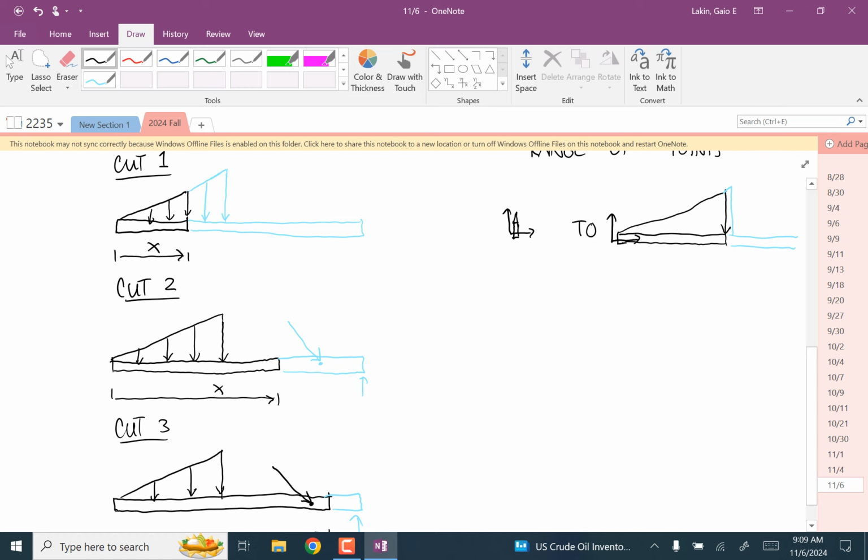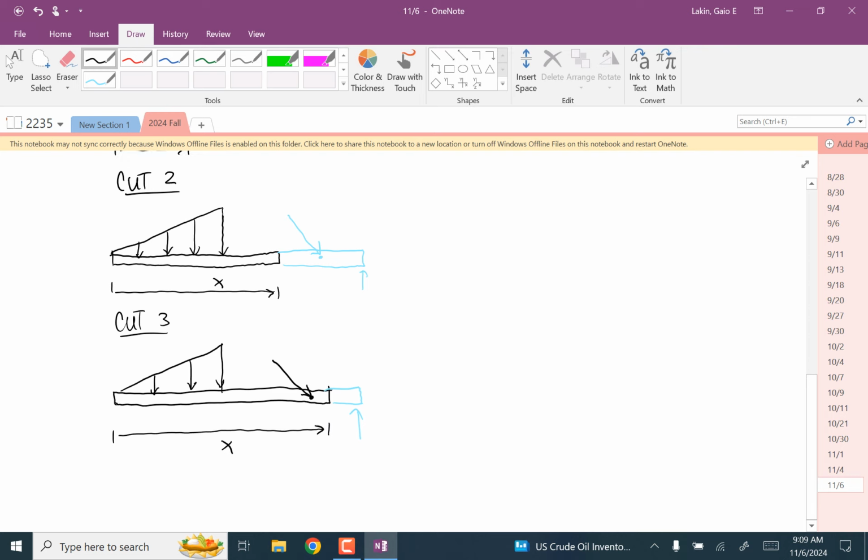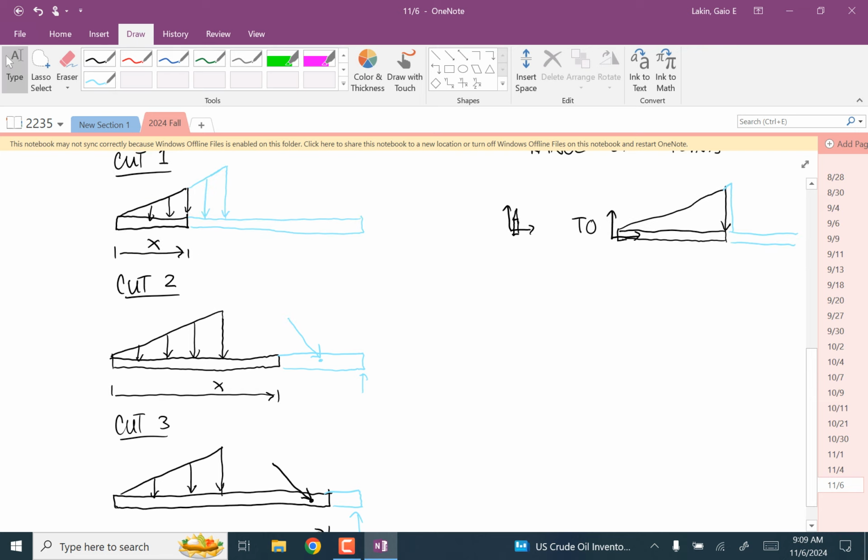In one, we don't have any space between the end of the distributed load and the end of the free body. In cut two, we do. In cut three, we have this point force that we don't have in cut two. And so that's why these are the cutoffs where your general earlier free body diagram can't represent it anymore. Okay.